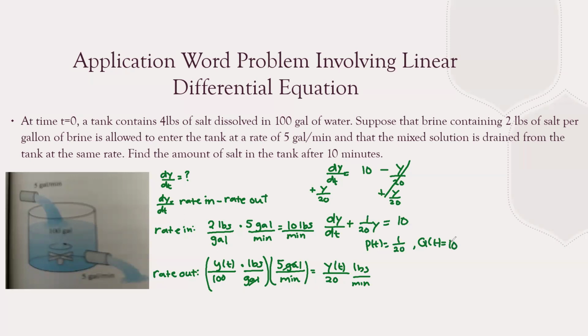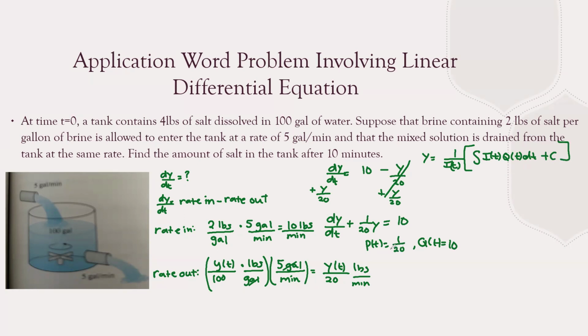Okay, so now put it in the formula. It's y equals 1 over I(t) times the integral of I(t) times q(t) dt plus c.